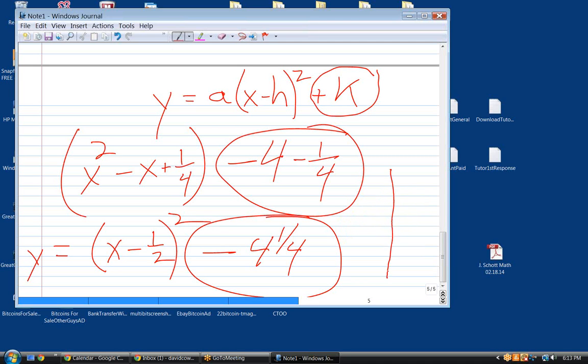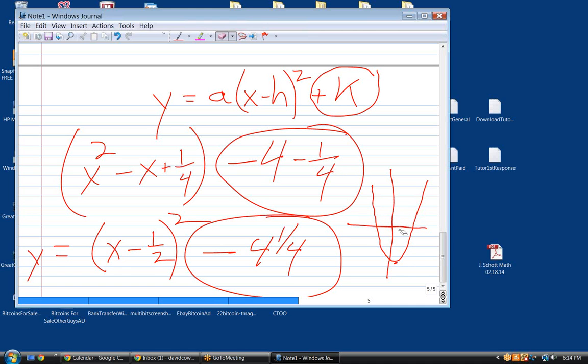I knew the vertex was at 1/2, minus 4 1/4. I know that it opens up, but if I really want to graph it properly, I need 3 points to graph a parabola. And usually the teacher wants those 3 points to be the vertex and the x-intercepts if there are any.